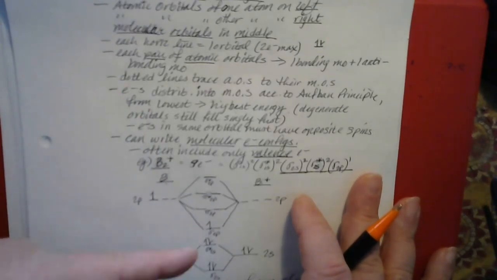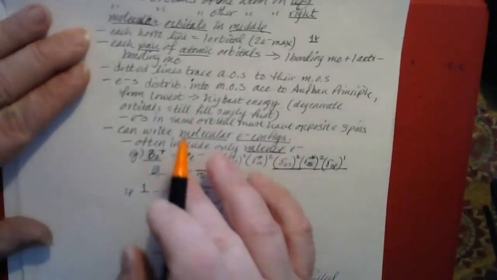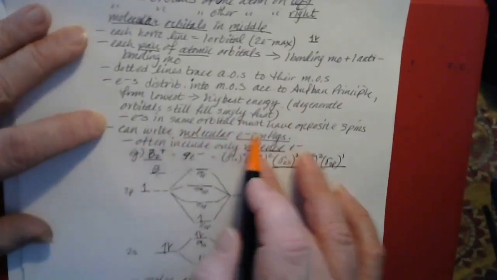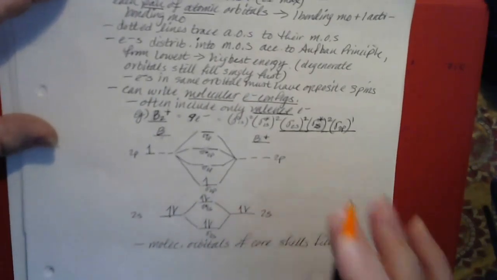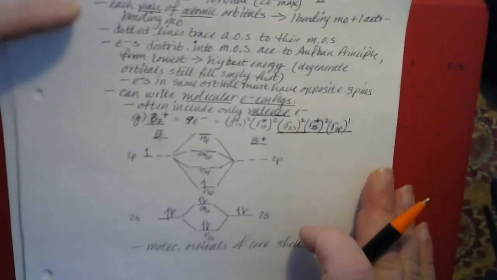And if you fill up one level of energy, then the next electron goes in the next lowest position available. Okay, electrons in the same orbital still have to have opposite spins. So that would be like this, one up, one down, if they're going to be in the same orbital. If they're going to occupy separate degenerate orbitals, then you would draw them pointing the same way.